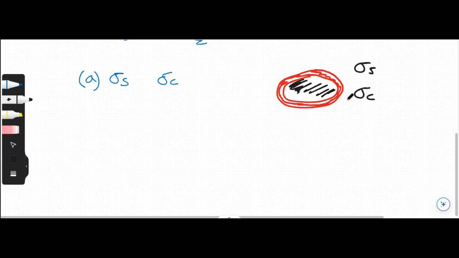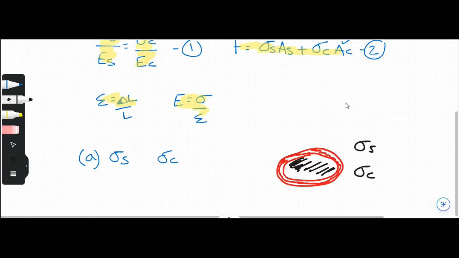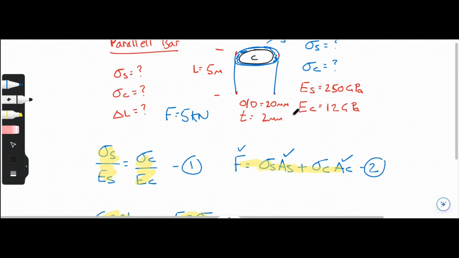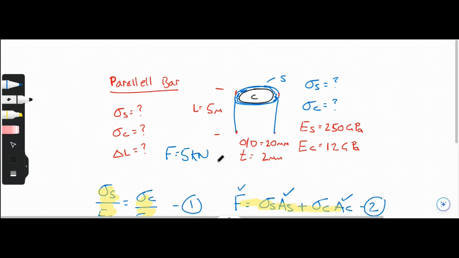Now we know a few things. We know the force. The force is 5 kilonewtons. We know Young's modulus of the steel is 250, and Young's modulus of the concrete is 12. The length is 5. It'll be different for your numbers.